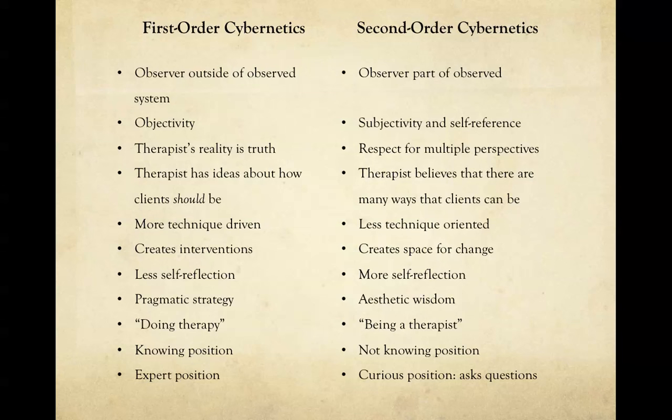First-order therapists engage in less self-reflection than second-order therapists, because second-order therapists are always aware of the self-reference of their observations and reflections. First-order therapists work with pragmatic strategies. Second-order therapists work with aesthetic wisdom.